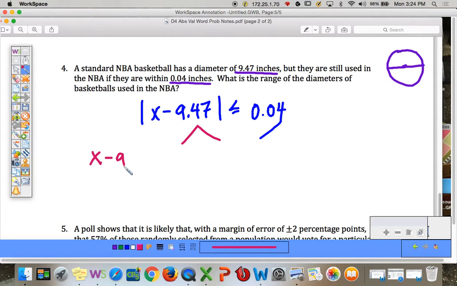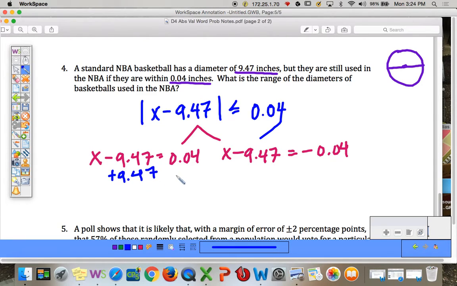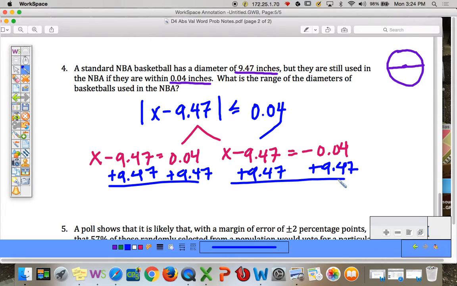So x minus 9.47 equals 0.04, and x minus 9.47 is going to be equal to negative 0.04. We're going to add 9.47 to each side. Okay, so the high end that the basketball can be is 9.51.